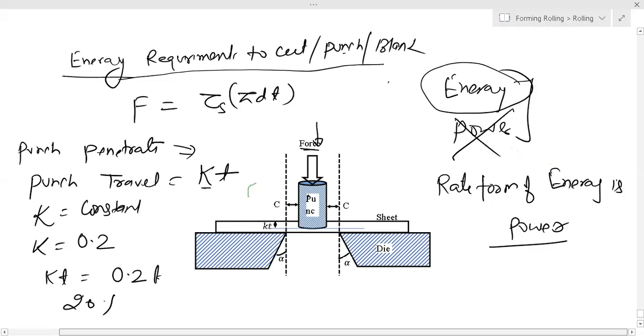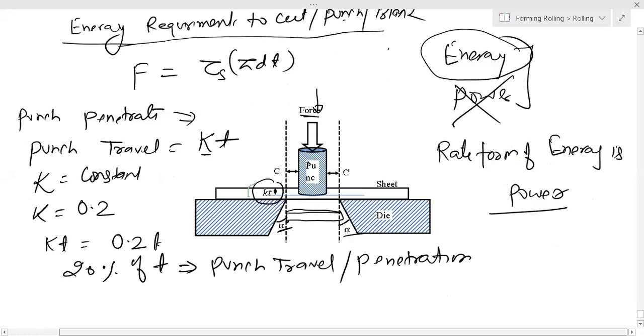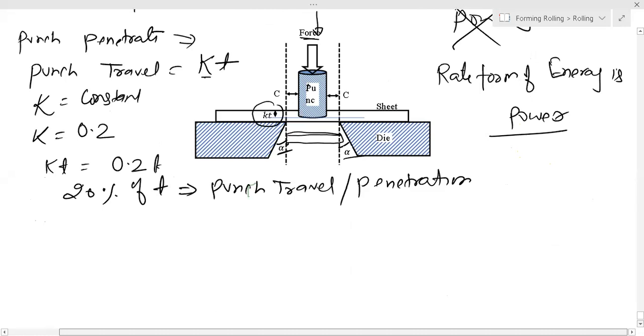It means 20% of the thickness is your punch travel or penetration. So KT is the punch travel, and it breaks finally. And alpha is to clear the blank. The blank will come out here. So KT is the punch travel.